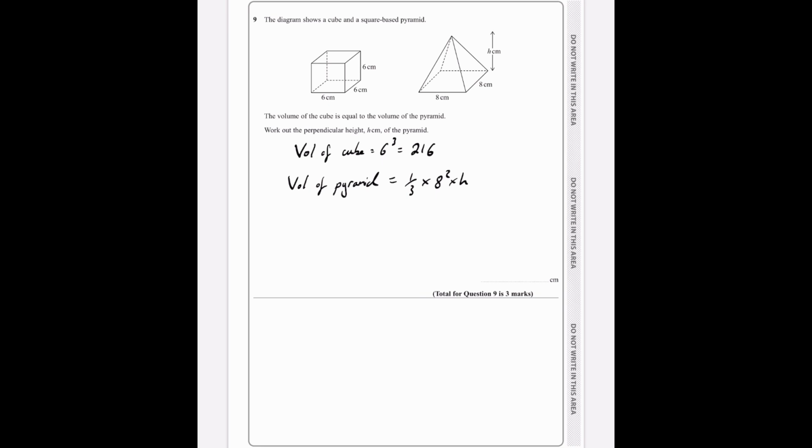And we know that those two are the same. So 1/3 times 8 squared is 64 times h is equal to 216. So h will be equal to 216 divided by 1/3 of 64. You can type it into your calculator like that if you wish. It comes out as 10.125 centimetres.